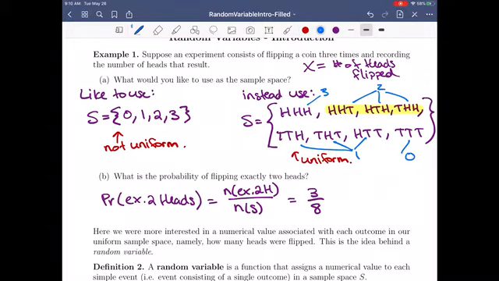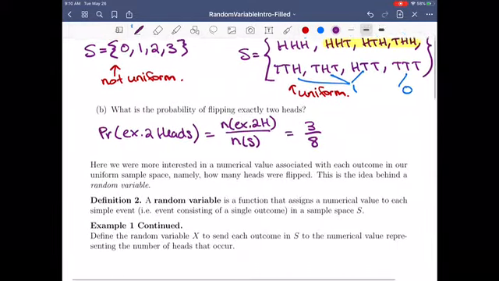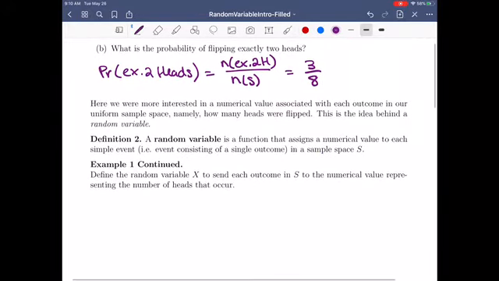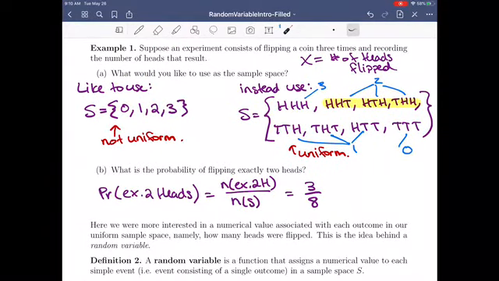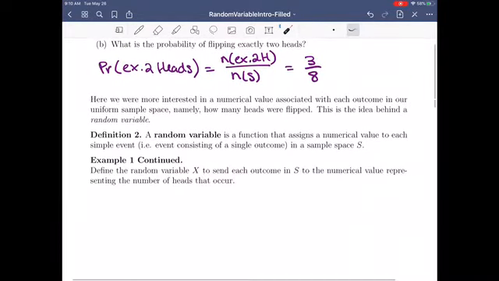With that in mind, we are basically just changing the notation. It's a bit easier to write these events. Here I defined the random variable X to send each outcome in S to the numerical value representing the number of heads. That's what I wrote up above, and I tagged each of these outcomes in our uniform sample space.